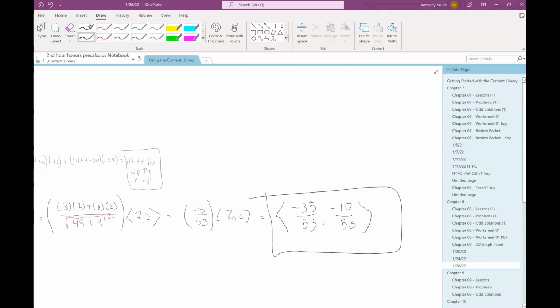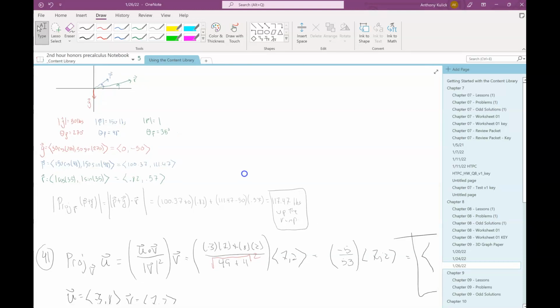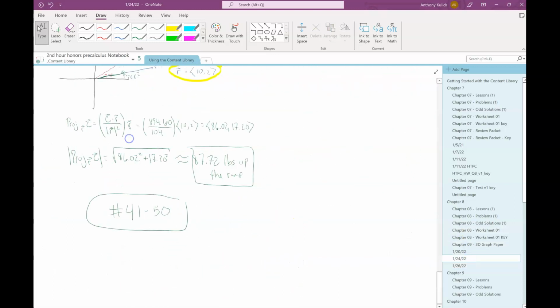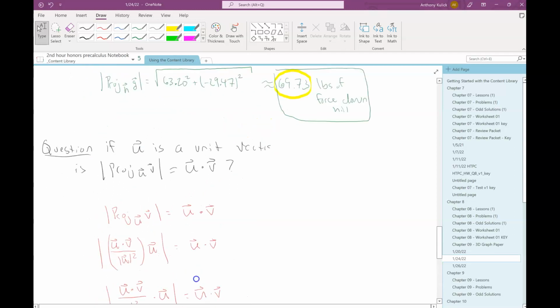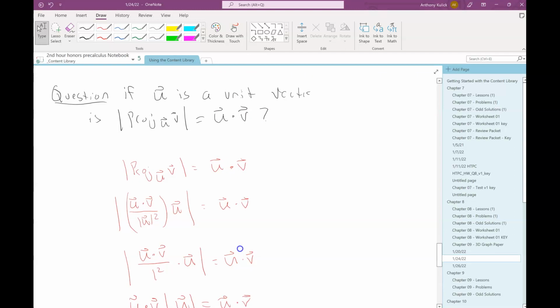Blake, going back to number 49. What was that last formula that you used? Well, this was a special case that we saw yesterday. We proved that if u is a unit vector, then the projection of v onto u is just the dot product of u and v.